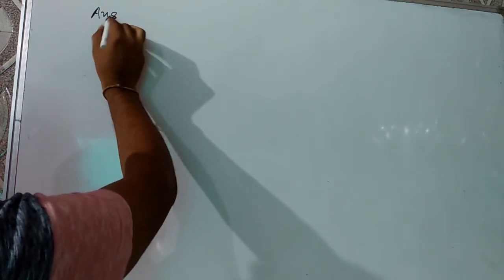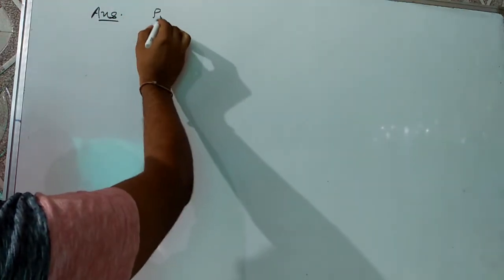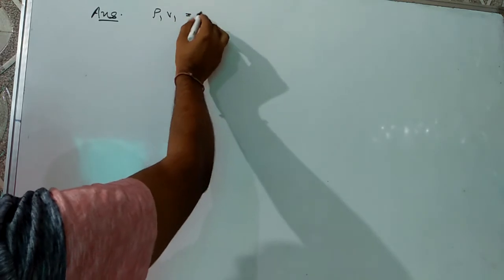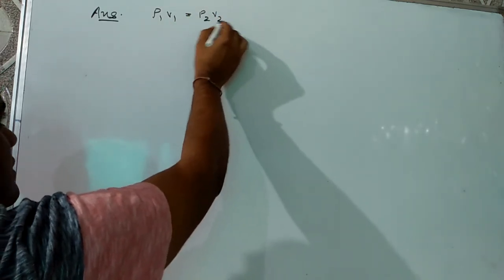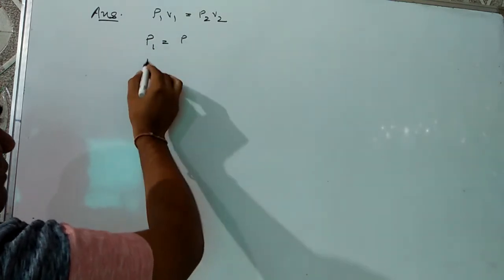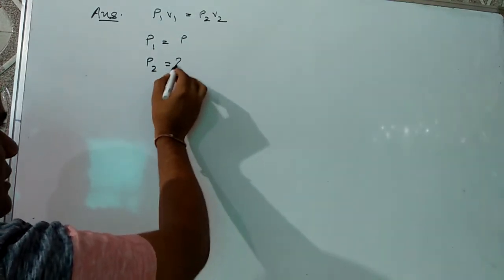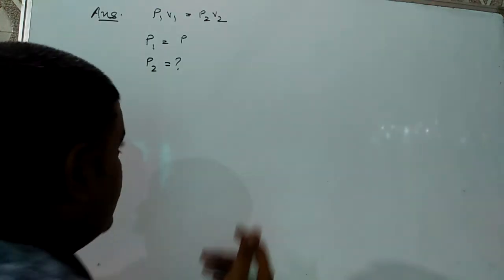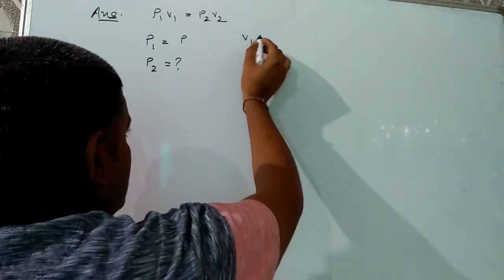So here we can apply the equation P1 V1 is equal to P2 V2. Initial pressure, let's suppose that is P. Final pressure we need to find, so that we can find out the percentage decrease. Initial volume, let's suppose that is 100 ml.